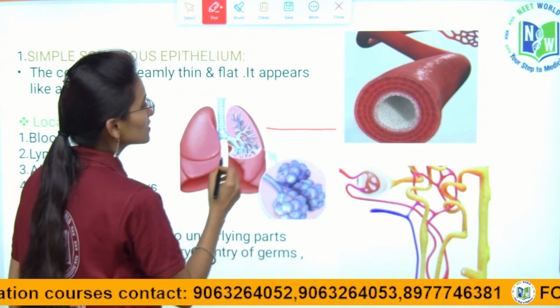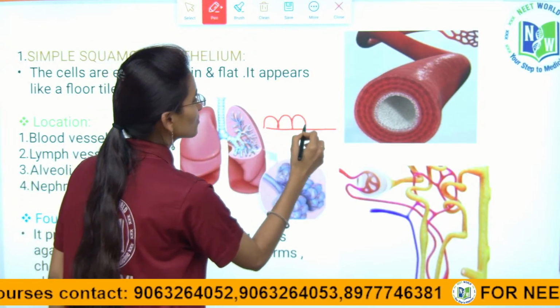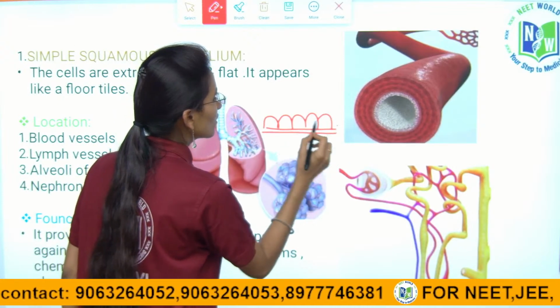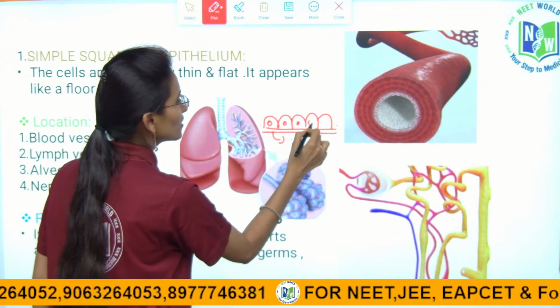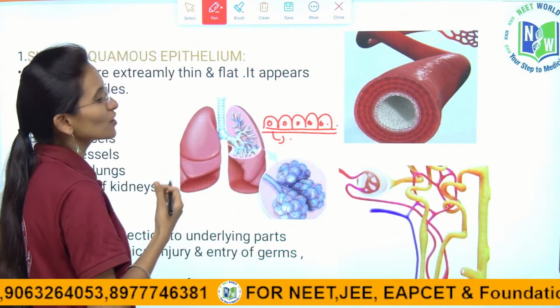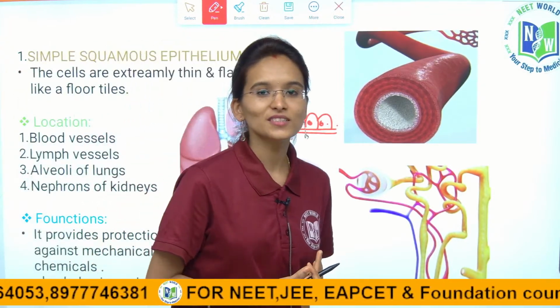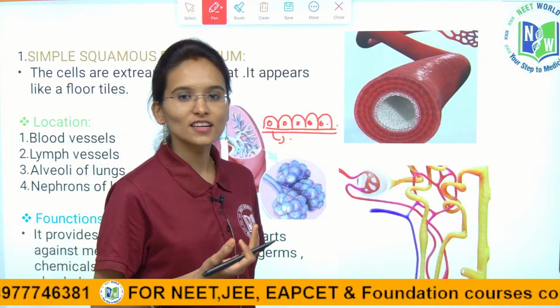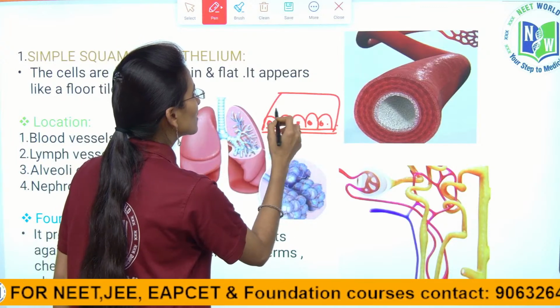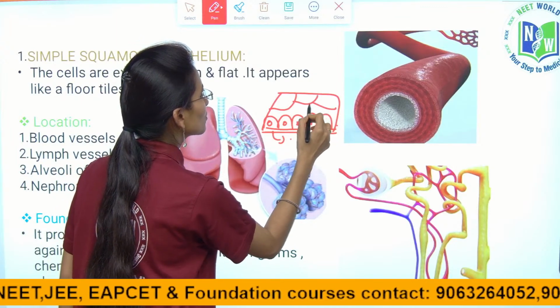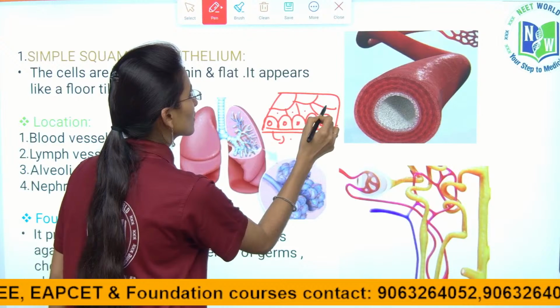See, this is a basement membrane, and next I am drawing the tissues which are beneath this: we have the connective tissue and the centrally located nucleus. So, the specialty of the simple squamous epithelial tissue is, as I said, that only a single layer of cells is going to be present, but it actually looks like tiles which are present on the floor. Clear?